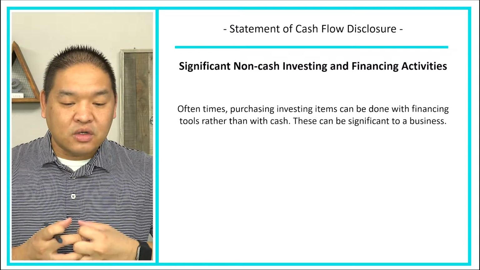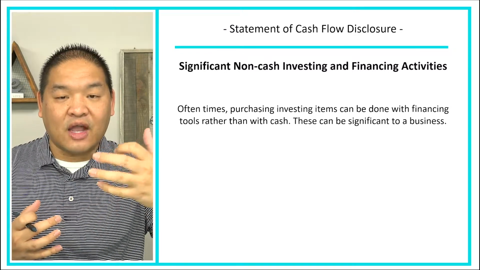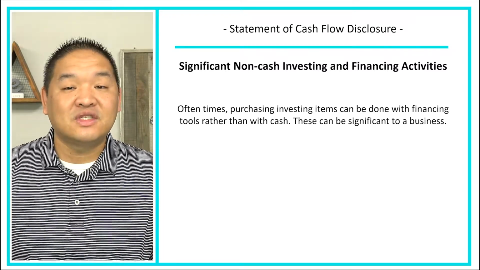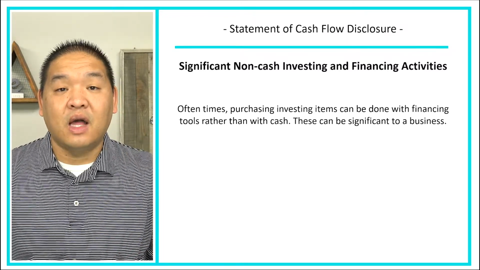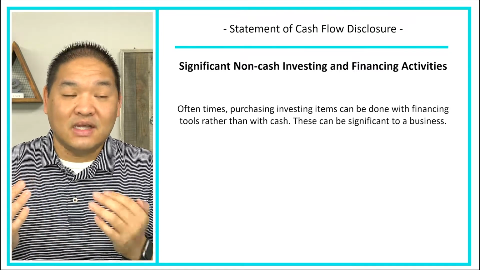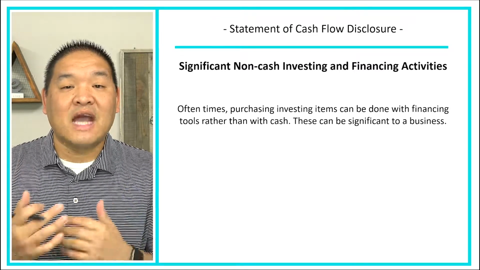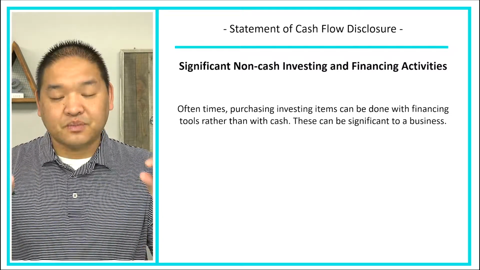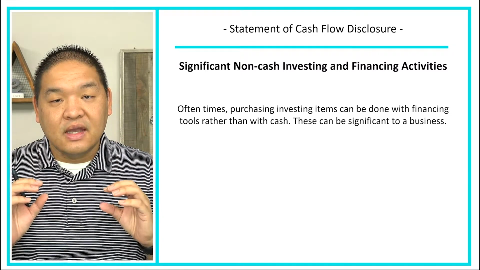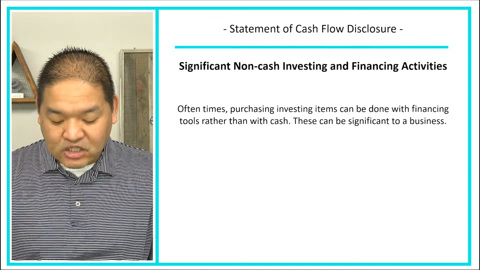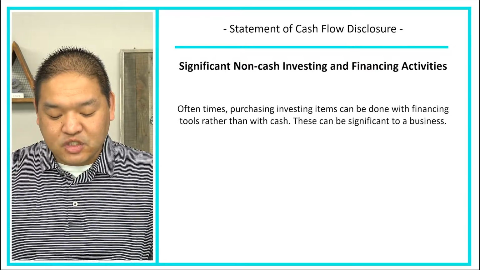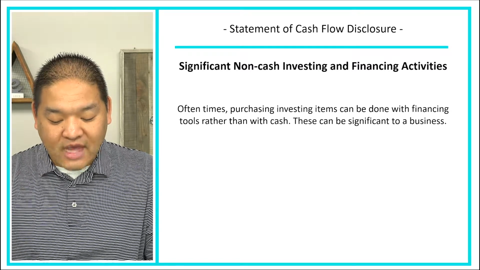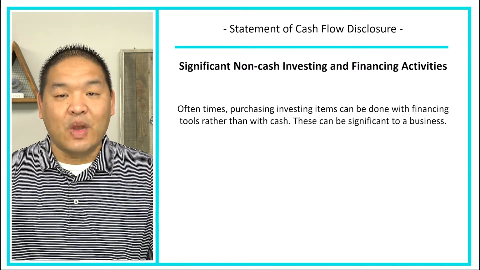If I were to buy equipment that costs $500,000, I might take a loan of $500,000 and never see the cash on my statement of cash flows because cash doesn't actually exchange hands. In that case, we're going to report this at the end of the statement of cash flows. Oftentimes purchasing investing items can be done with financing tools rather than with cash. These can be significant to a business.